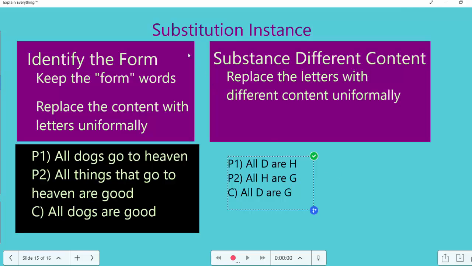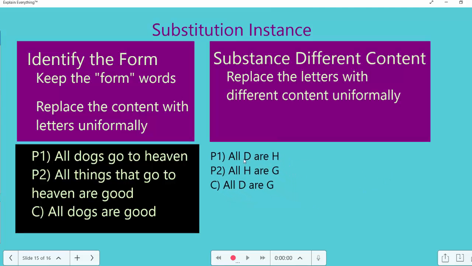Then the next step to get a substitution instance, now that we have the form, we get a substitution instance simply by replacing these letters with content that's different than what we originally started out with.